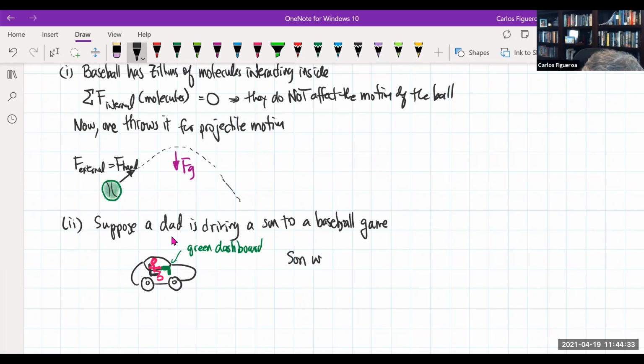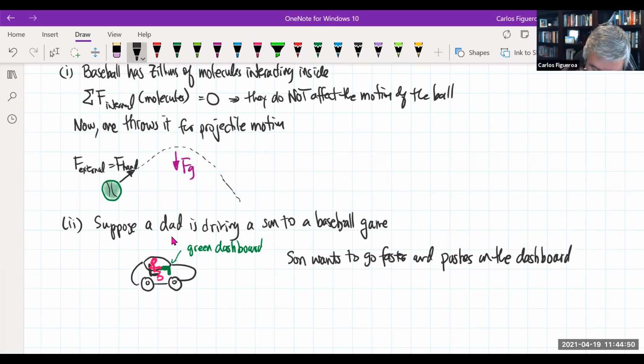So the son wants to go faster and pushes on the dashboard. Does the car go faster? Of course not. But the question is why?